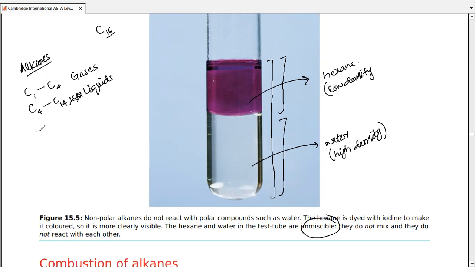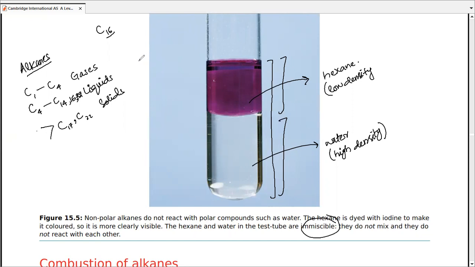Anything greater than C17, or some books say C22, whichever number you put here, will be solids. The first few, C17 to C22 or maybe C24, are softer, waxy solids, and afterwards we have harder, stronger, non-waxy solids.